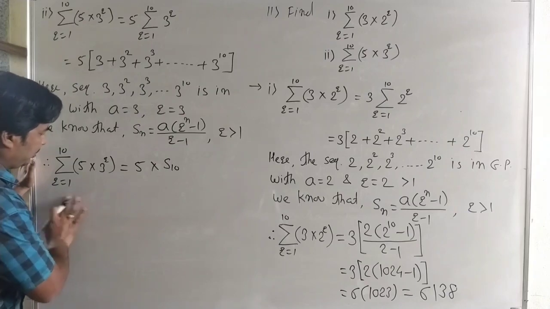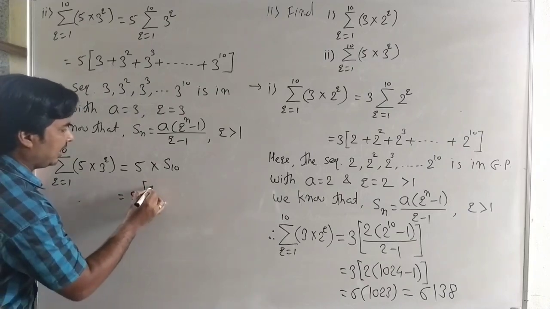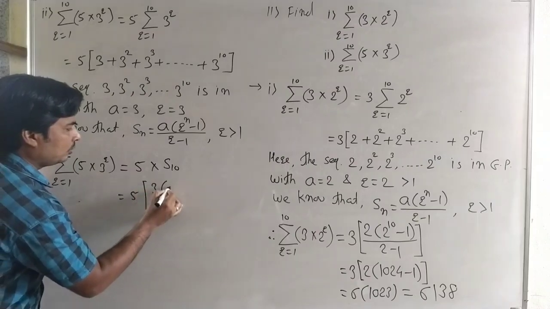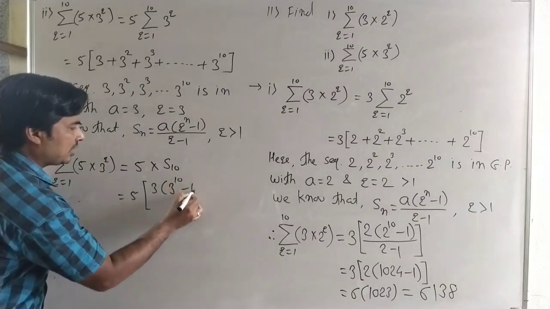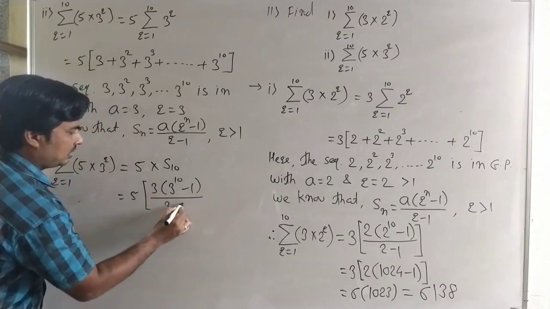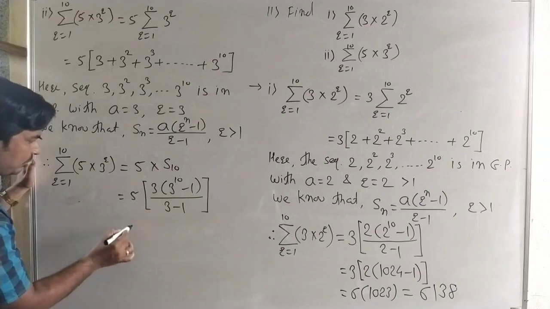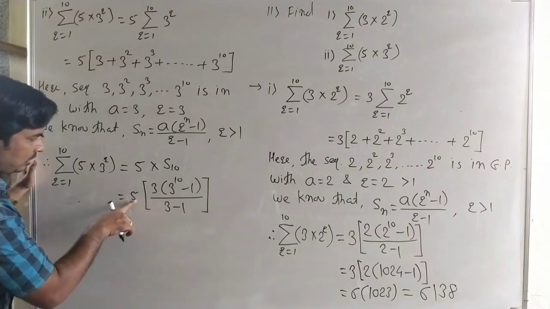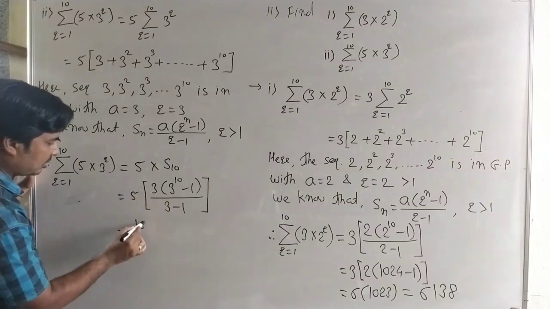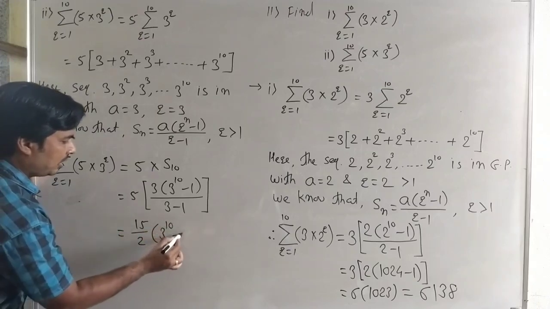Then it is 5 into 3 into 3 to the power 10 minus 1 upon 3 minus 1. Now the last calculation: it is 2, and 5 into 3 is 15, therefore it is 15 upon 2 into 3 to the power 10 minus 1.